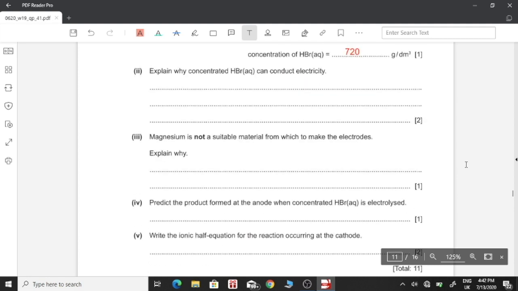Part 2, explain why concentrated hydrobromic acid can conduct electricity. So in the liquid form or aqueous form, we have the separate ions of hydrogen and bromide in the form of liquid, so they can move around and they can carry charge.